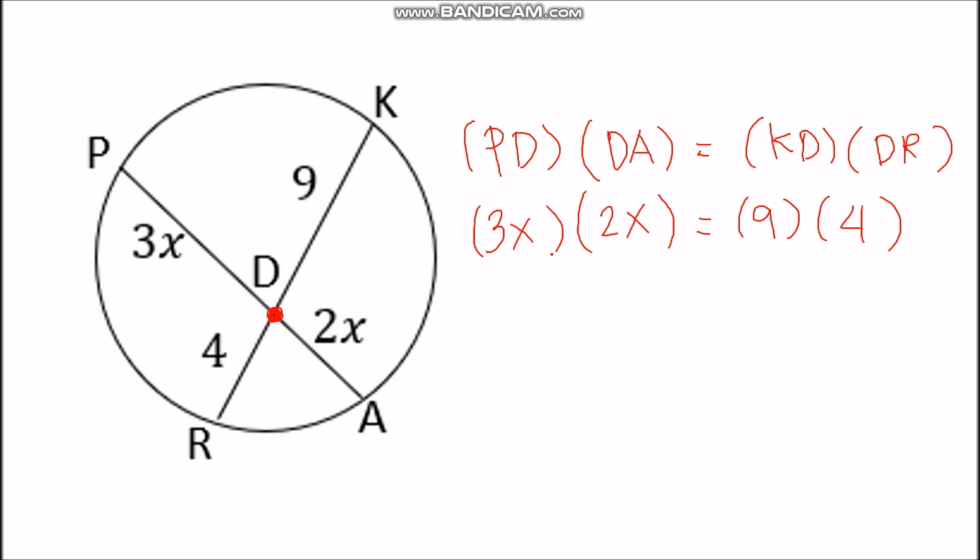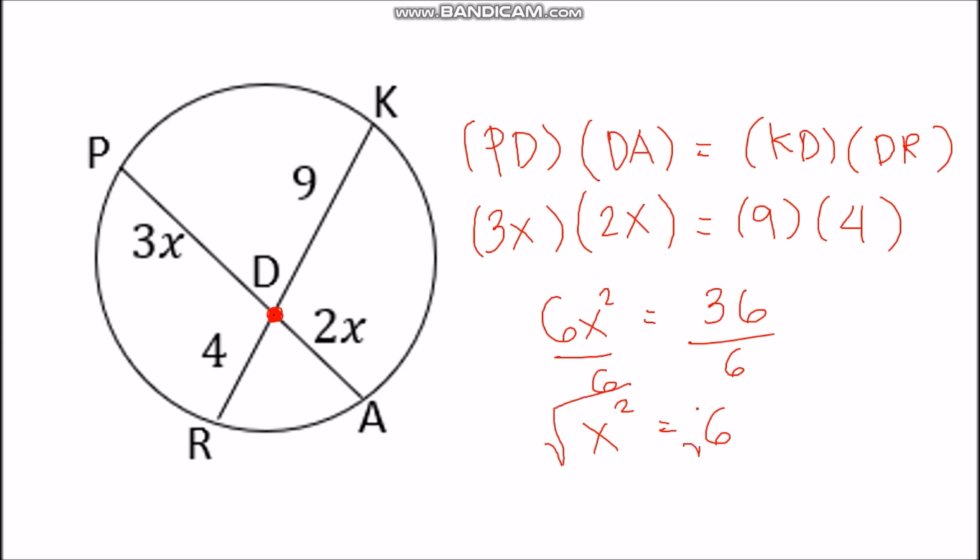Now this is 6X squared, and 9 times 4 is 36. Then divide both sides by 6. So X squared is equal to 6. Then since what we're looking for is just the value of X, we just have to get the square root of both sides.